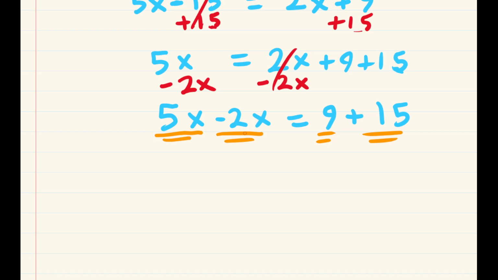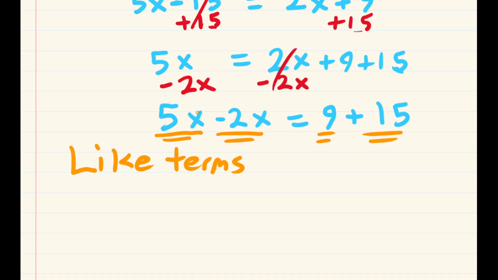So what's important is that 5x and negative 2x are like terms. So what makes them like terms? It's because their variables have the same exponent.